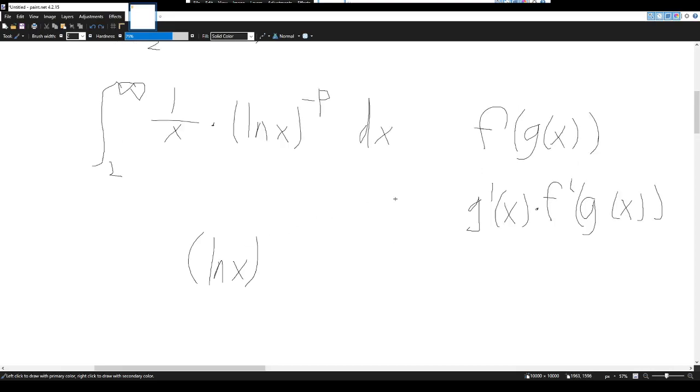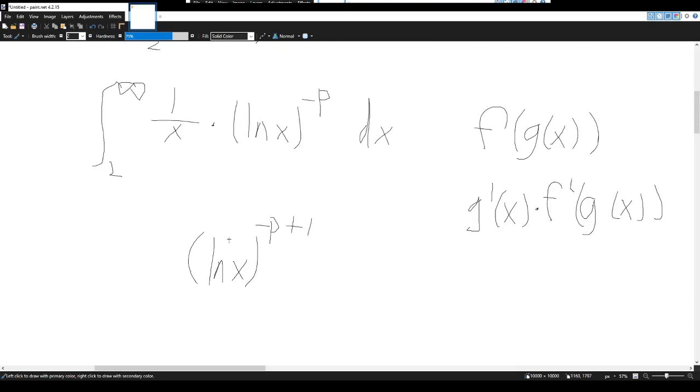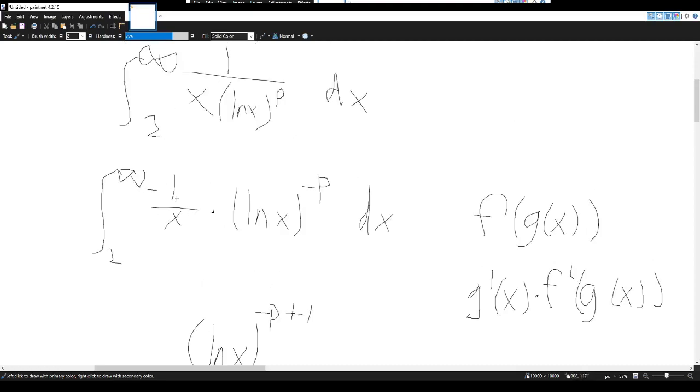So what would turn into negative p when you take the derivative of it? Well, when you take the derivative of a power, what you do is subtract 1 from the power and multiply by that exponent to make it a coefficient, right? So if we had negative p going backwards, we would add 1. This really would be negative p plus 1, right?